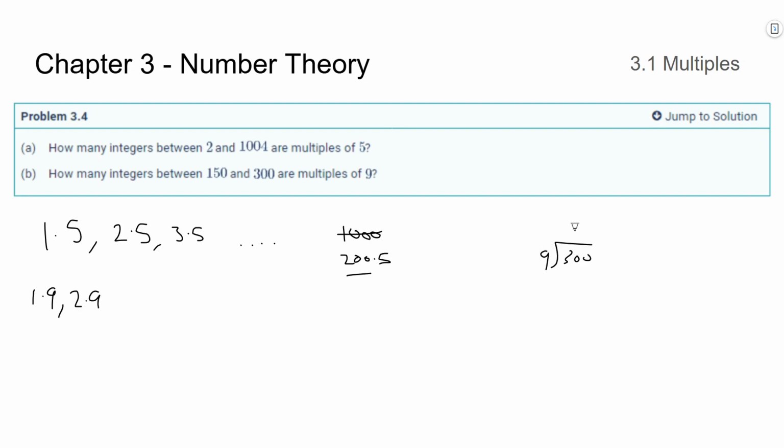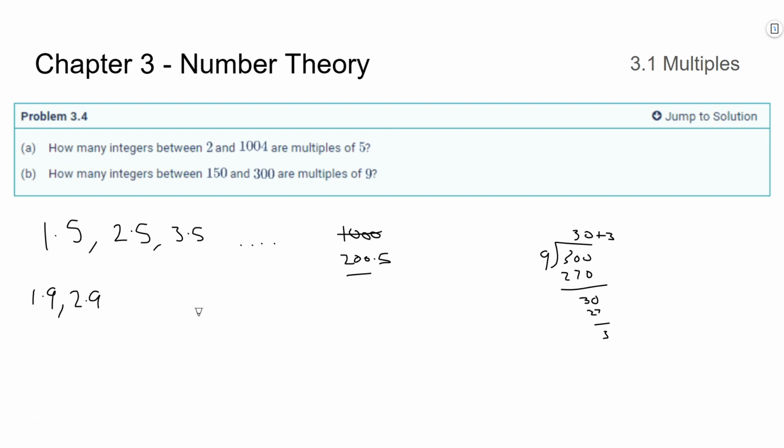Let's do 30 here. That would be 270. This would leave us with 30 there, and add 3 there, and this would be 27. A remainder of 3. That would be 300, so we're not going to go all the way up to 300, but 33 would be our closest.